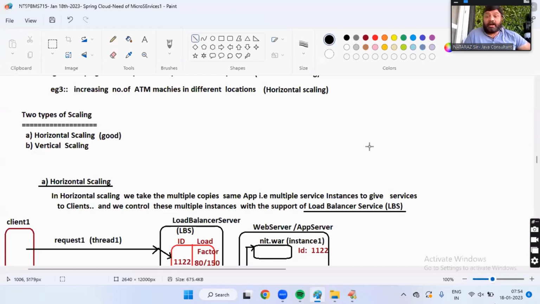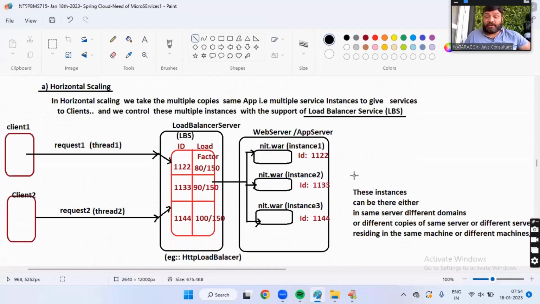I'm talking about the same load balancer, boss. For Gmail also, they will create 20, 30 instances. But which request should go to which instance will be decided by whom?